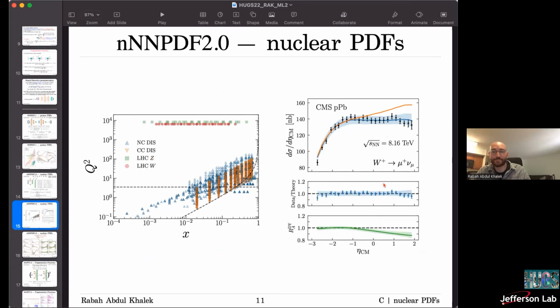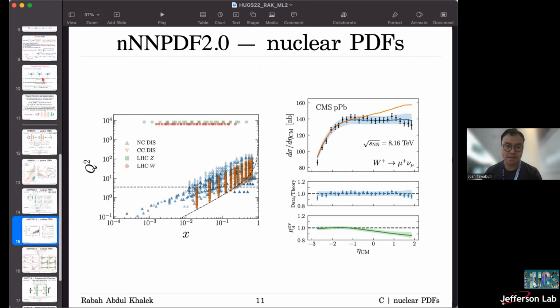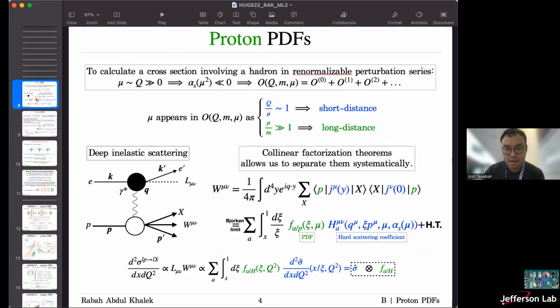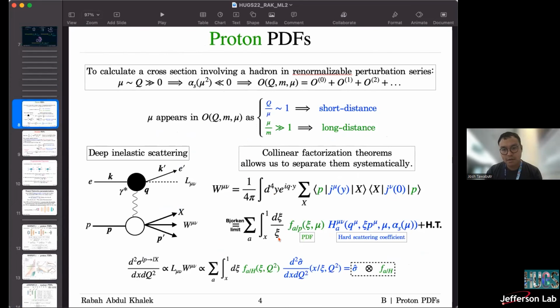Can you actually go back to the factorization slide? So you have the cross section that comes from experiments, and you have the blue factor, which you can calculate, right? Yes. Then do you deduce the PDF from that algebraically, or is that the work done by the neural network? Exactly.